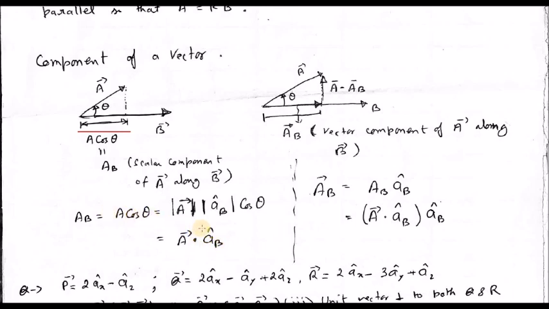So you just have to see the dot product: it is the vector of which you want the component, dot the unit vector along which you want the component.